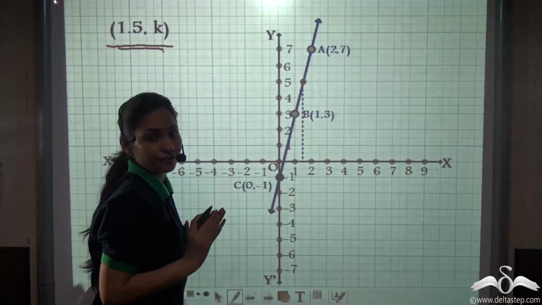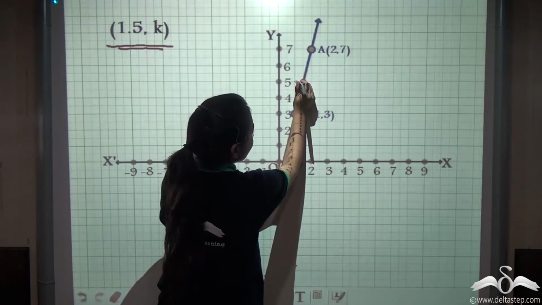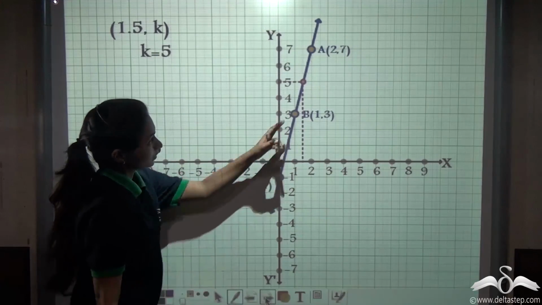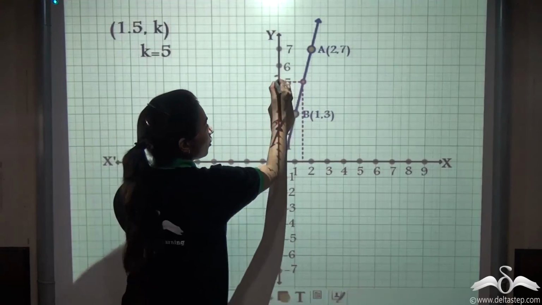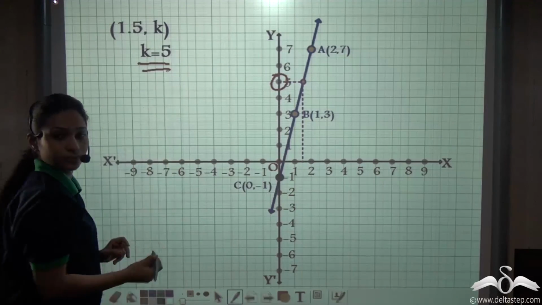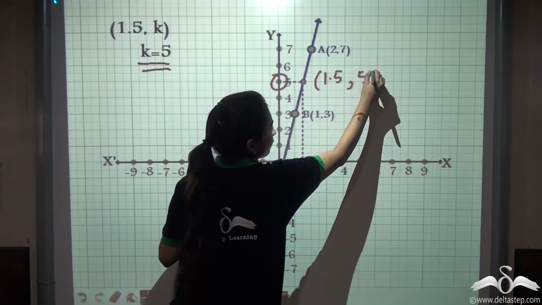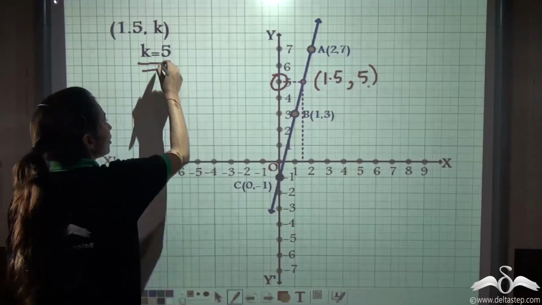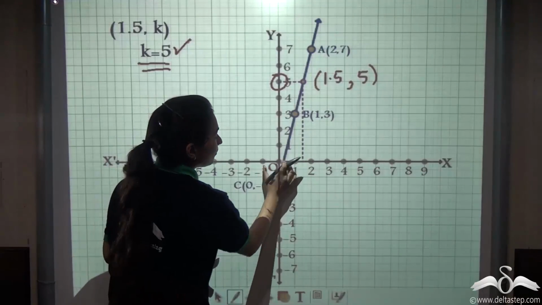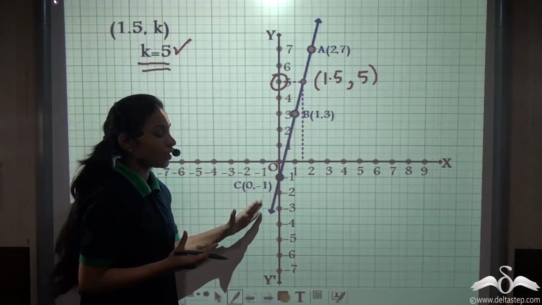Now if the x coordinate is this, the y coordinate needs to be this part. So we found the y coordinate of this point, that is 5. So this point is actually (1.5, 5). So what is the value of k? The value of k is 5. So in this way you can find any point on this line with the coordinates given or with missing coordinates. You can locate that.